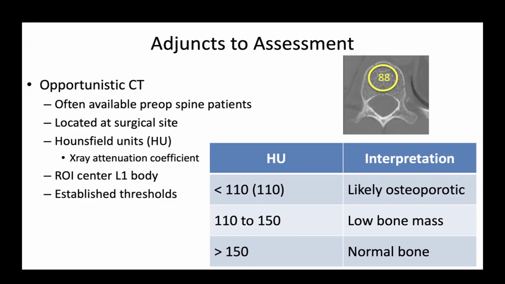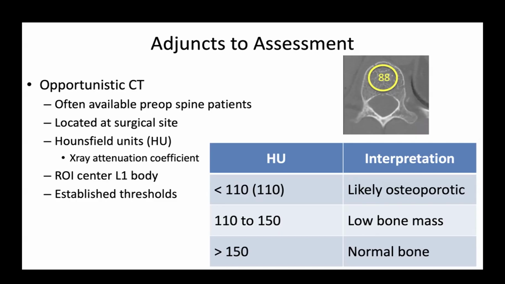And you obtain this by placing a region of interest on your PAC system at the center of the body of L1 typically. And using that, there are well-established thresholds. I would say that if your Hounsfield units are less than 110, some people would say 100, you're very likely to have osteoporosis. If you're 110 to 150, you have low bone mass.